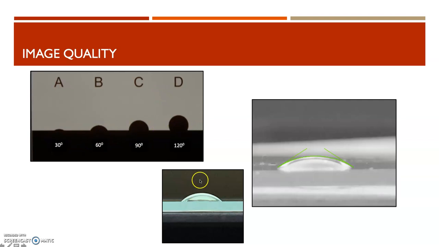But you can see these are actual photos of drops on surfaces that students have taken. And you can see that the quality of that image is widely varying. And so depending on the quality of your image, it will determine how well you can measure that contact angle. So you're going to have to optimize your image quality.